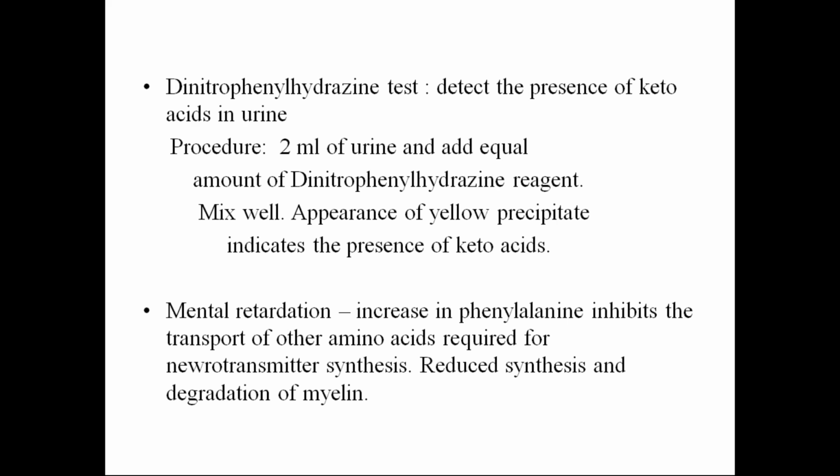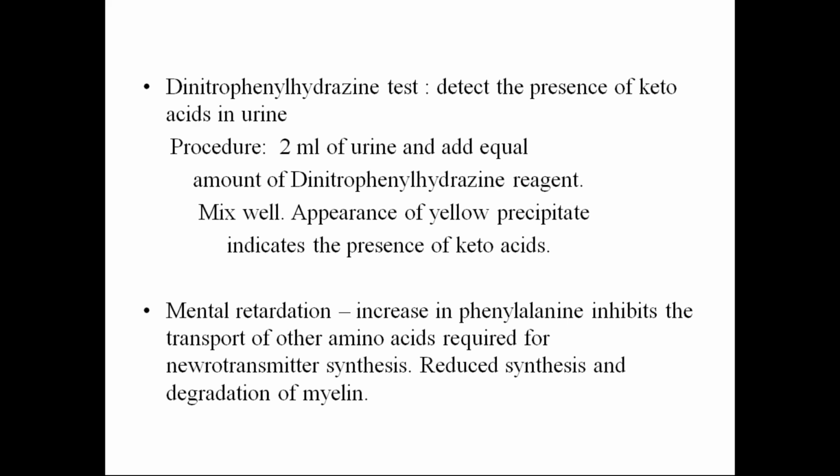The increase in this amino acid, phenylalanine, will inhibit the transport of other amino acids required for the synthesis of neurotransmitters. There will be deficiency of tyrosine and tryptophan, and tyrosine and tryptophan are required for the synthesis of neurotransmitters like dopamine and serotonin.